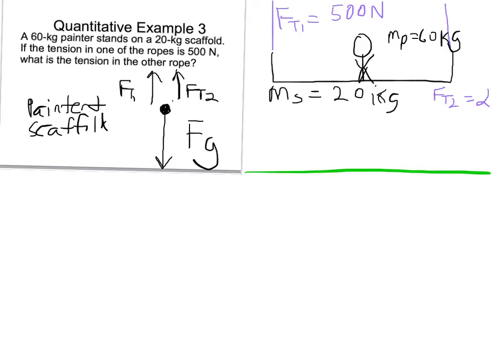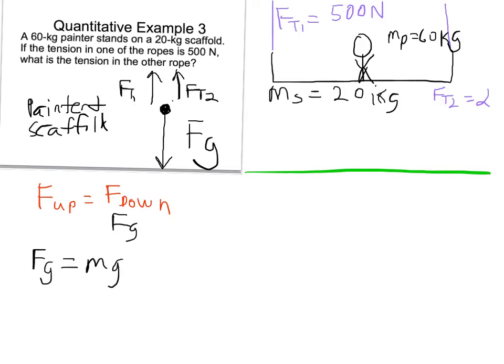And because this thing is hanging, we know up forces equal down forces, and left forces equal right forces, but here there's nothing left and right, there's just up and down. Our down force is Fg, and we can go ahead and find that. Force of gravity equals mass times gravity.